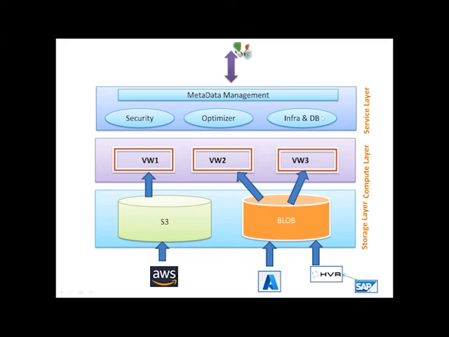Similarly, the SAP data as well. Here we have to understand that once the data has been loaded, whether from AWS, Azure, or any other database, into the storage layer, the data will automatically be stored as columnar storage. The data will be compressed automatically, and the data will be partitioned automatically.